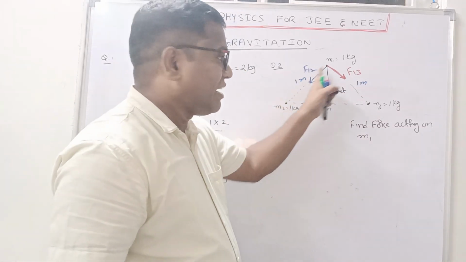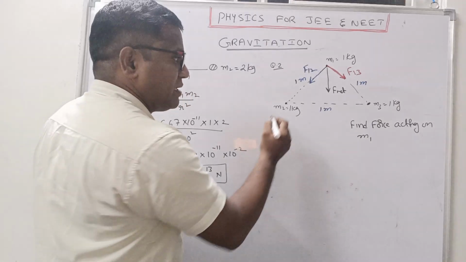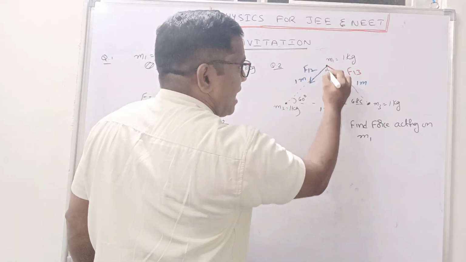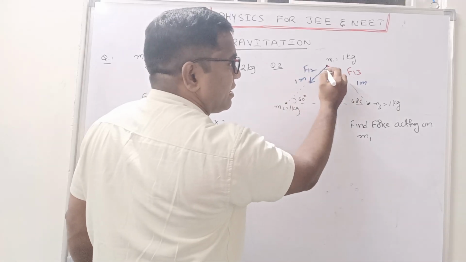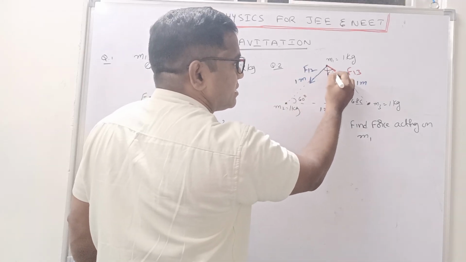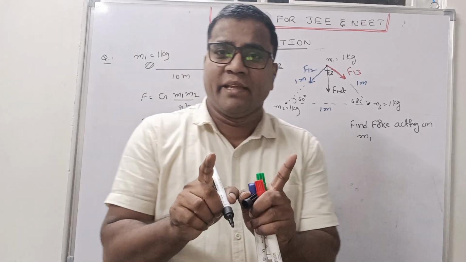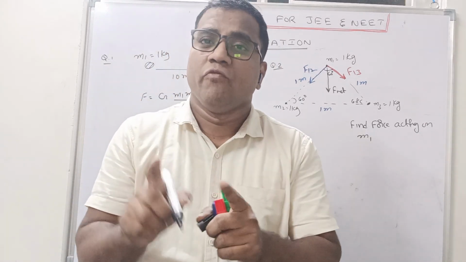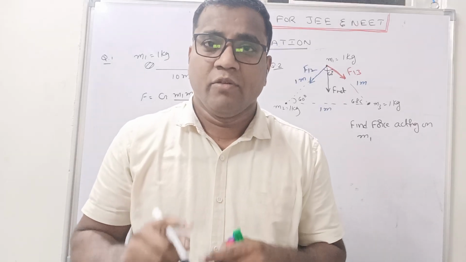So now you tell me how to solve. This is an equilateral triangle. Equilateral triangle means this angle is 60 degrees, this one 60 degrees, and the angle between F12 and F13 is 60 degrees. So when two forces are acting making an angle theta, we know how to calculate the resultant or net force.